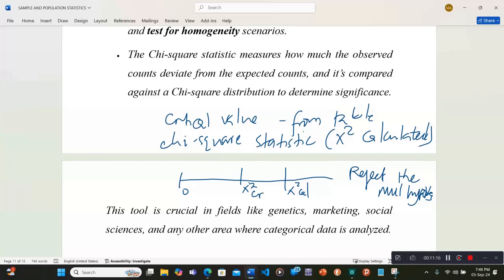We shall say fail to reject the null hypothesis. So if you fail to reject the null hypothesis, that means you will take the alternative hypothesis.